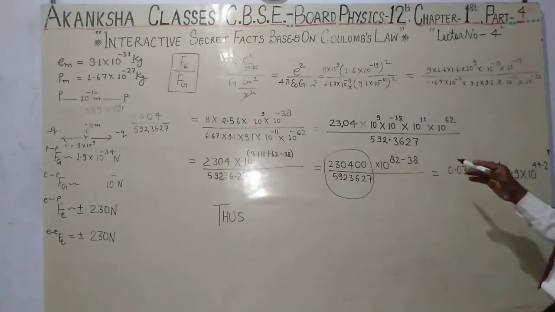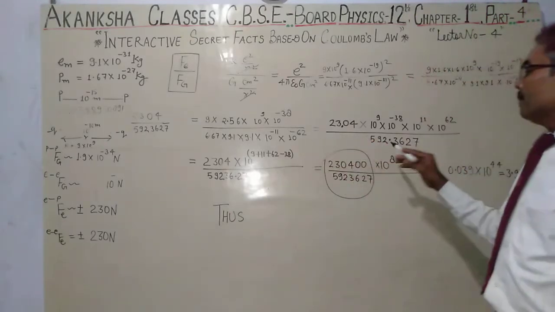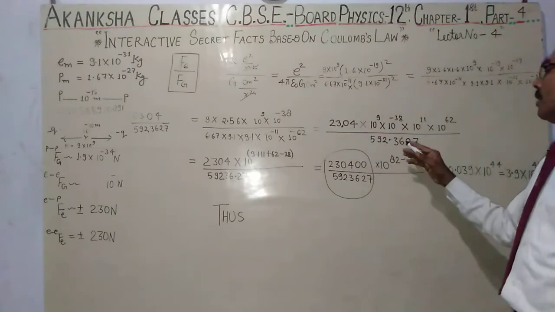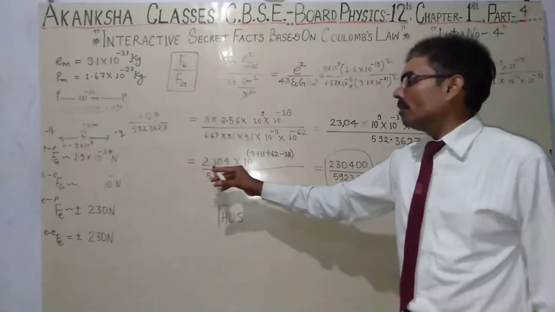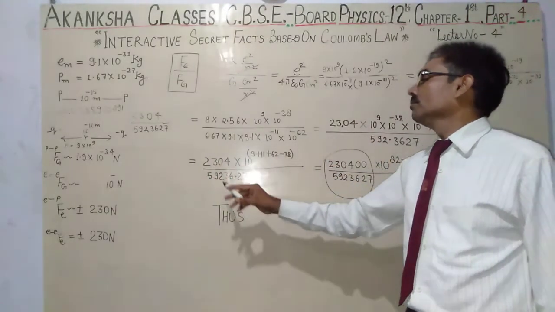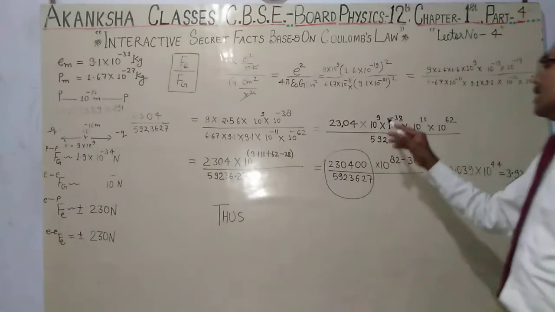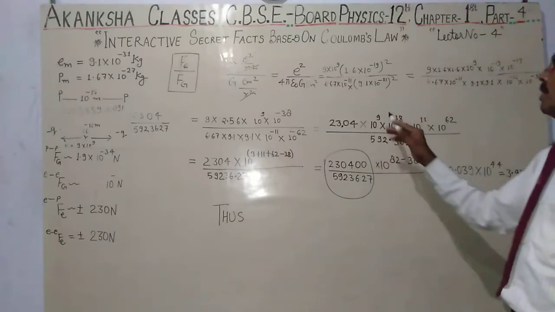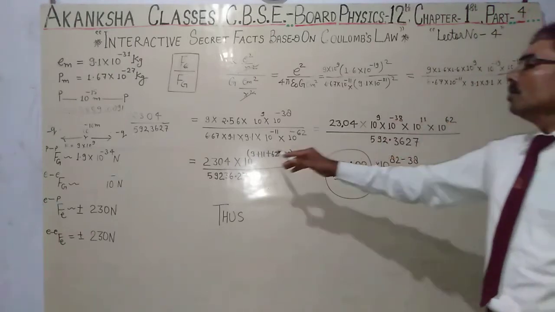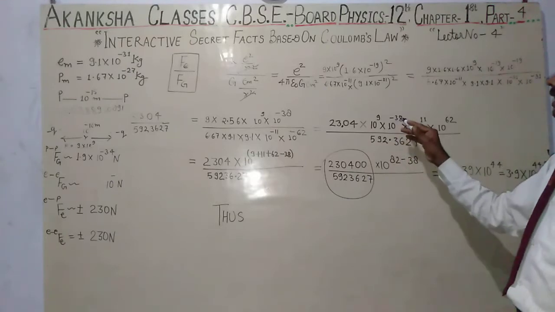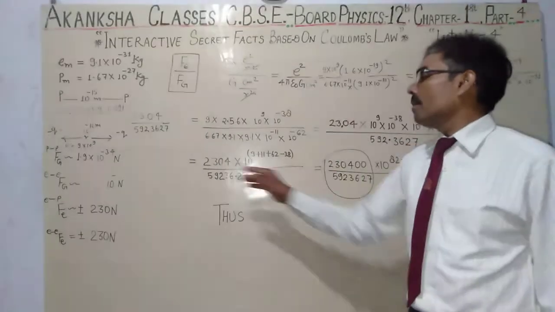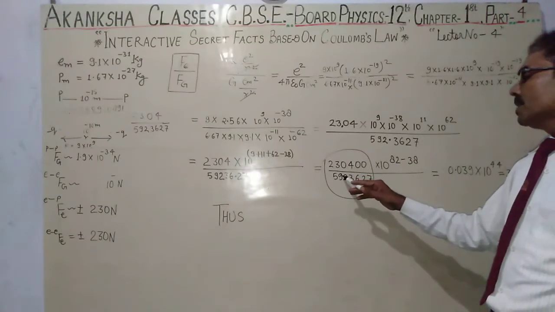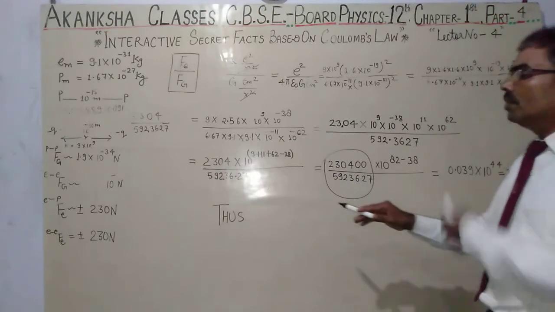By removing 2 digits from the decimal, we get 2304 into 10 power, arranging all the exponents, 9 plus 11 plus 62 minus 38, and the result is 5923.62.